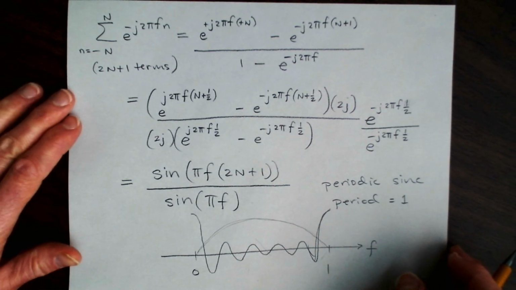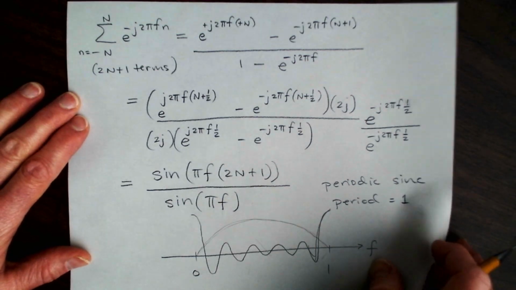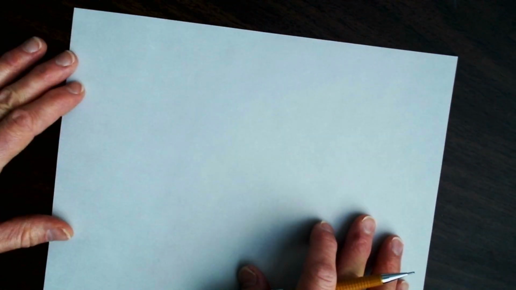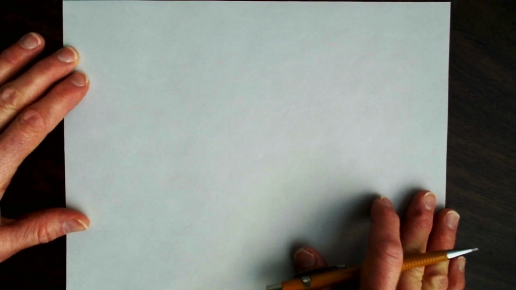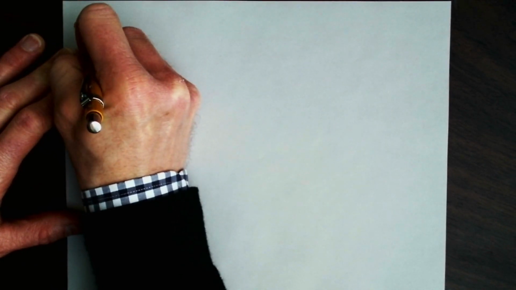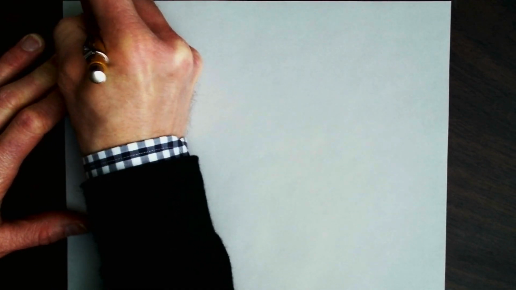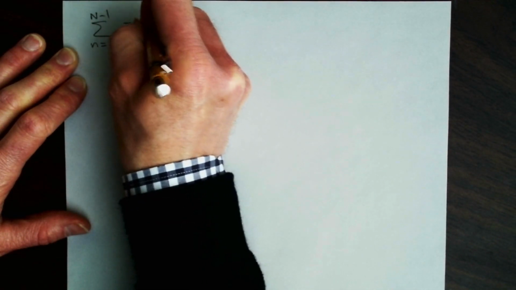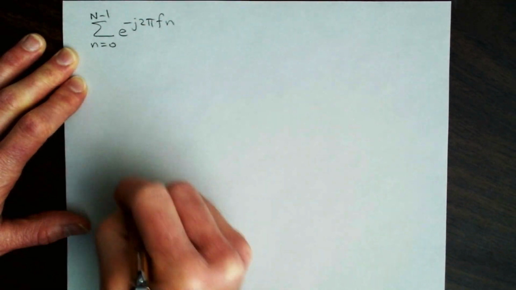Let's do another integral, or another sum, and then we'll take a look at a computer-generated plot. So this next sum that I'd like to do is a sum over a non-symmetric interval, e to the minus j 2 pi f n.